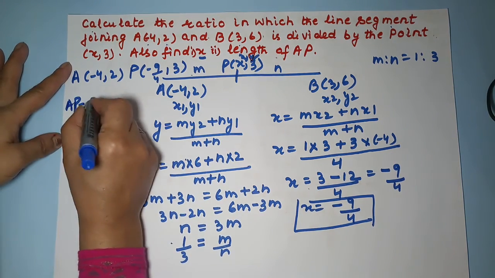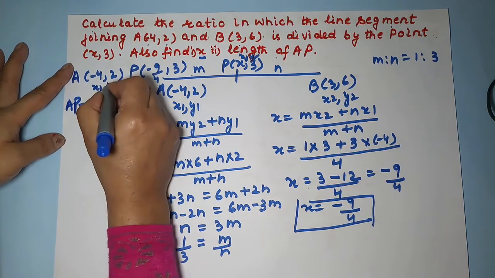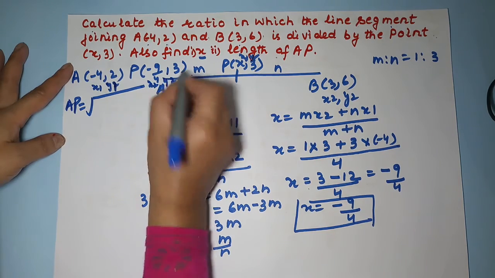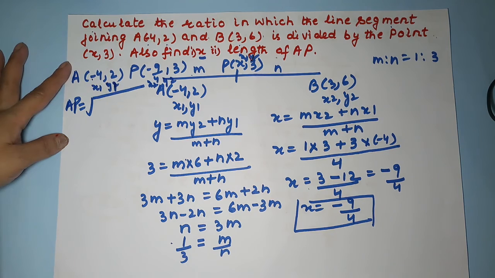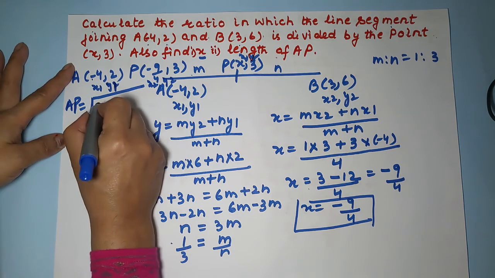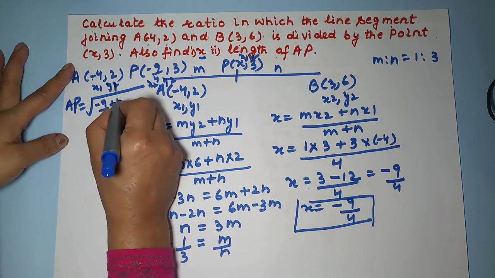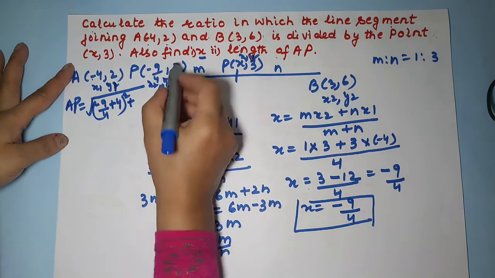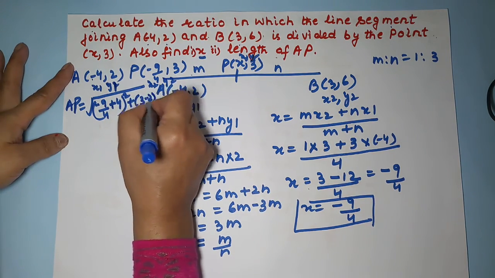AP will be under root of, this is now my x1, this is y1, and this is my x2 and this is y2. (x2 minus x1) whole square. What does that mean? Minus 9 upon 4, minus minus becomes plus 4, whole square, plus (y2 minus y1) whole square, that is 3 minus 2 whole square.